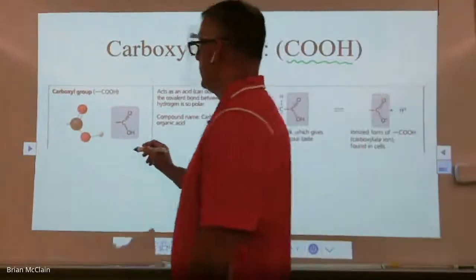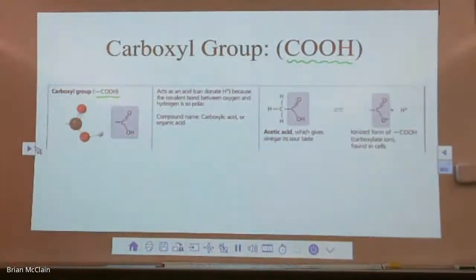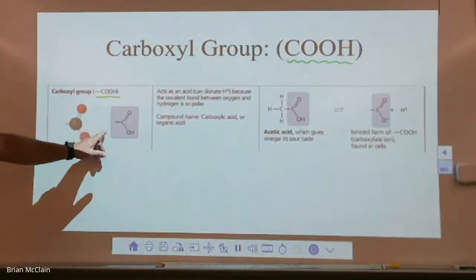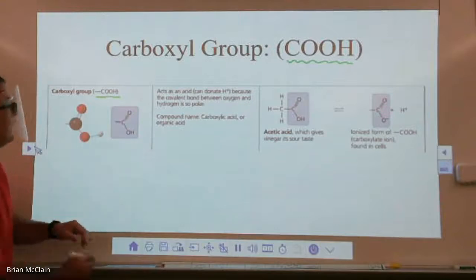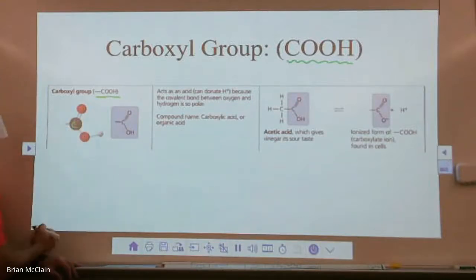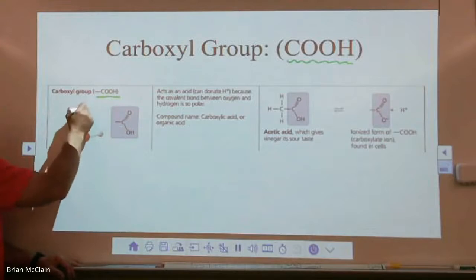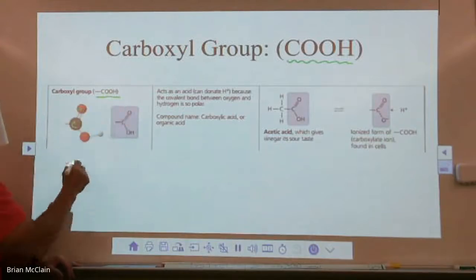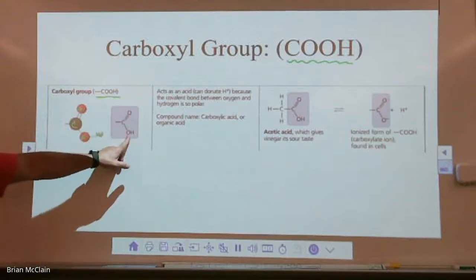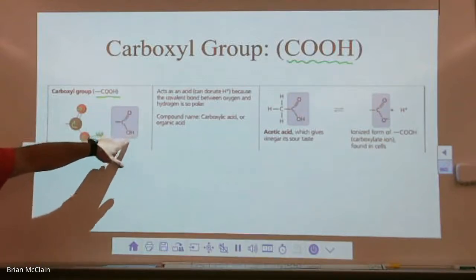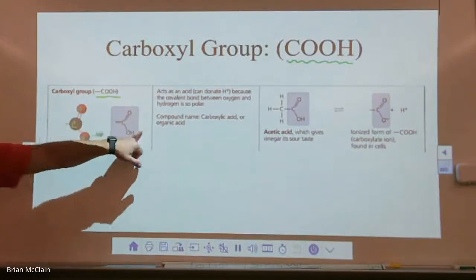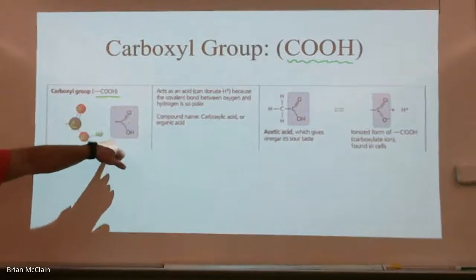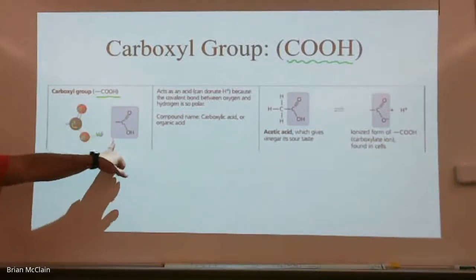When we look at how they're going to bond and form their structure, you have your centralized carbon. One of the oxygens is going to have a double bond, which is what we're seeing right here, and then you have your OH component that makes up this portion. So you might look at it and say, well, we just saw that was an alcohol. But when it's part of this overall structure here, this is going to be called carboxyl.